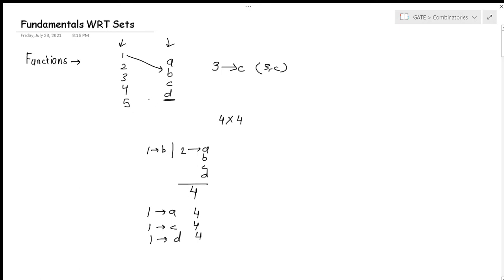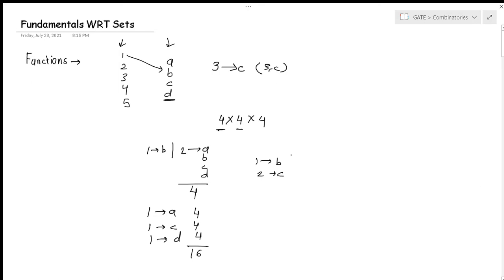So what we are doing is that instead of adding these all as in 16 choices, we are using a smart trick here, simply multiplying, because we know that corresponding to each and every choice of the first element, we can have 4 choices for the second element. Similarly, corresponding to the combination of first and second elements' choices, we can again have 4 choices for the third element, right? Let's say 1 gets mapped to B, 2 gets mapped to C.